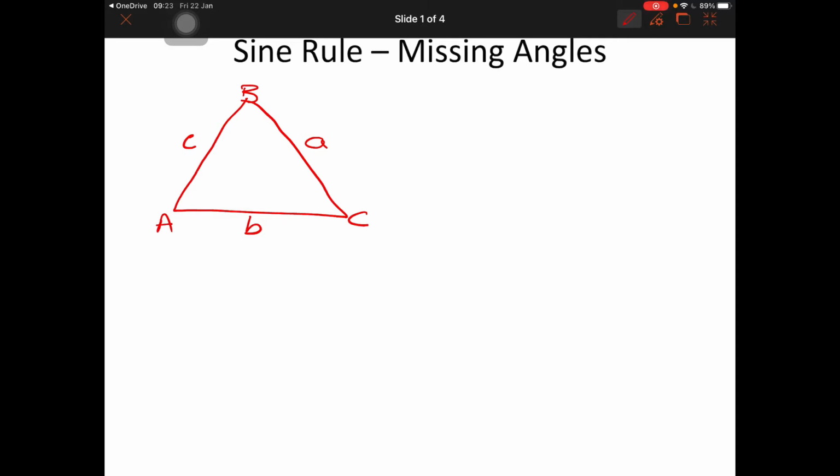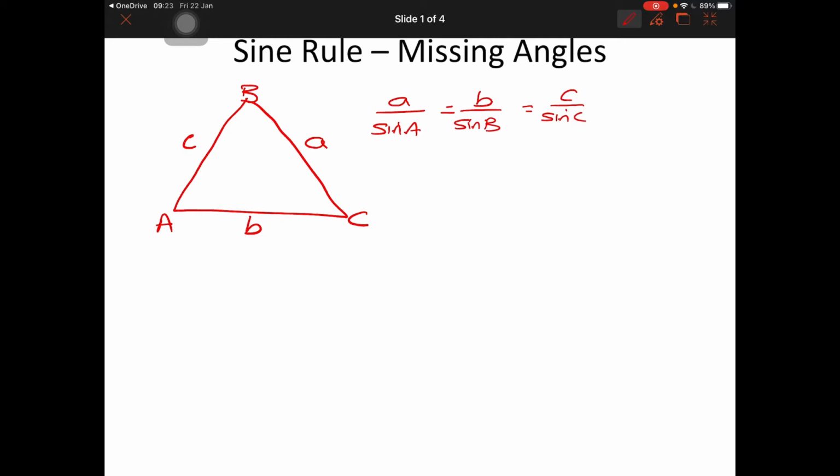We could use a over sine A would equal the same as b over sine B, which would equal the same as c over sine C. Okay, and we use that to find our missing lengths in our non-right angled triangles. Now we're going to use the same idea, but this time we're going to find missing angles.